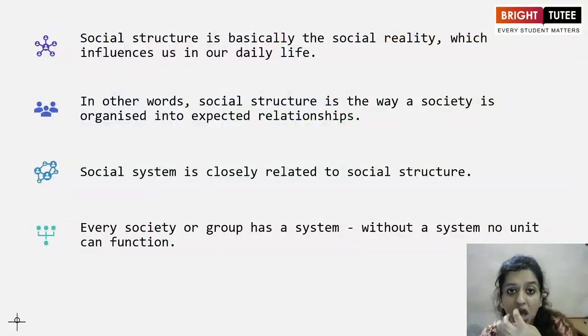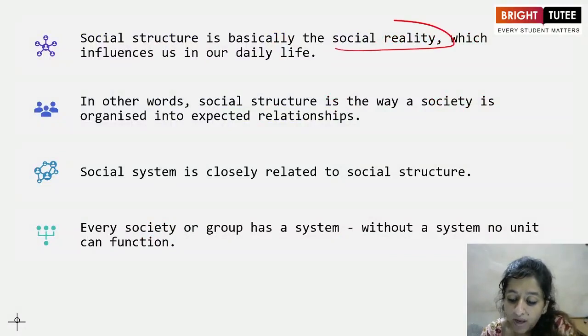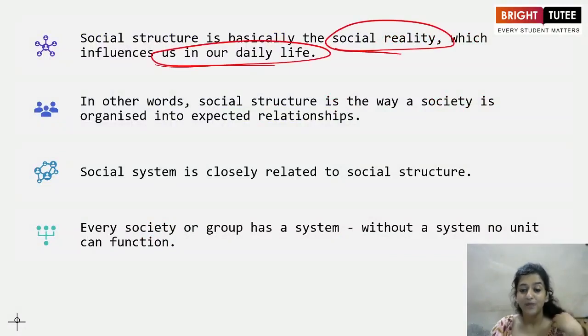Now, social structure is basically the social reality which influences us in our daily life. Social structure is the social reality. All of the things that we have talked about are things that are happening to us in real life. It is not something that I'm just thinking about, like food, clothing, or construction sites.